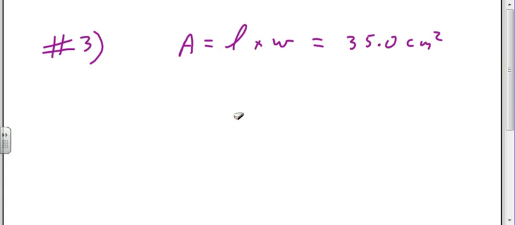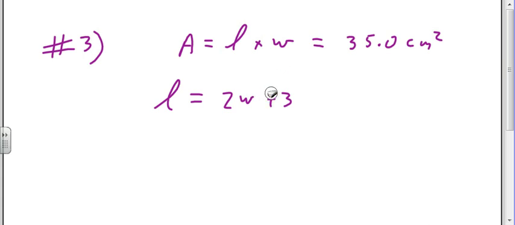All right, that's better. And I've got that the length is equal to 2W plus 3.